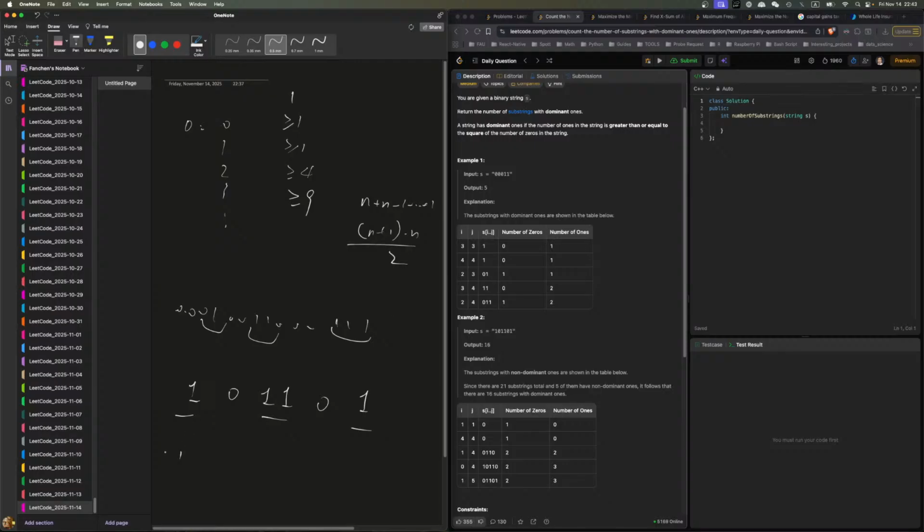So this is going to be 1 plus 3 times 2 divided by 2 plus 1. It is going to be 5.